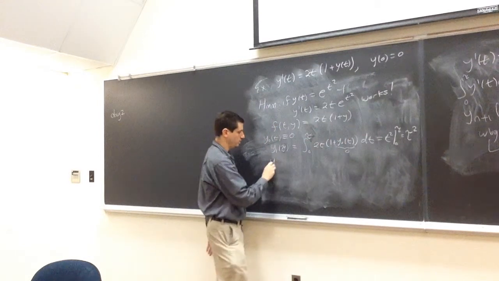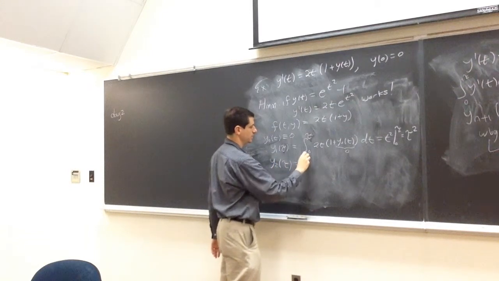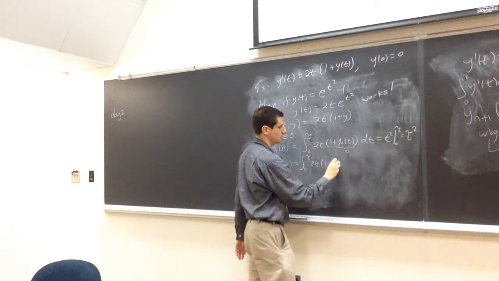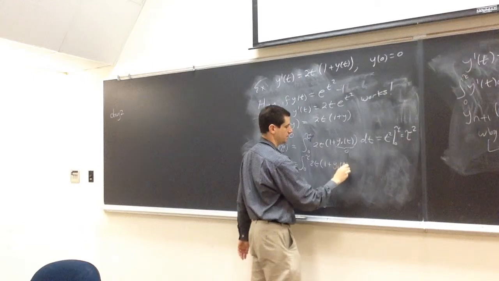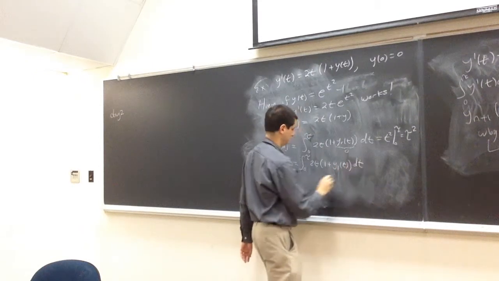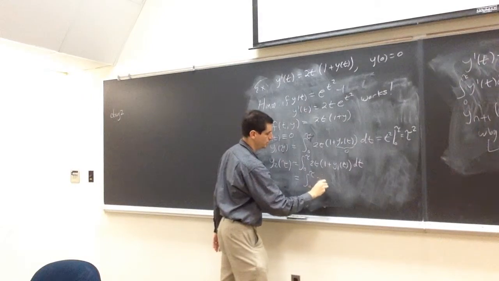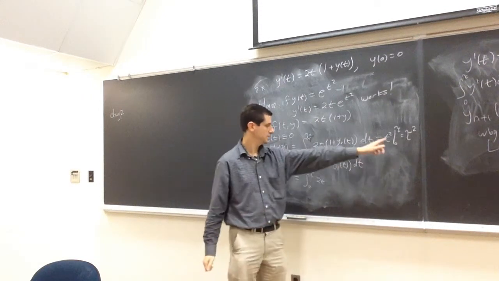How should we calculate y2 of tau? That should be the integral from 0 to tau of 2t times 1 plus y1 of t, dt. So now we integrate from 0 to tau of 2t. And now what's y1? y1 is t squared.